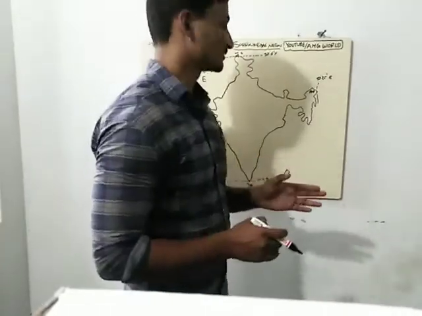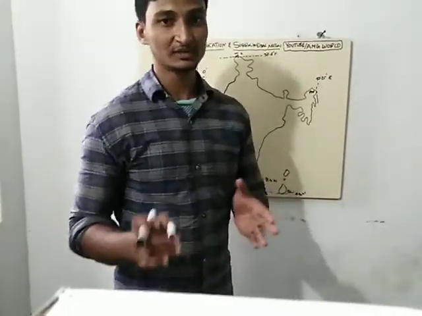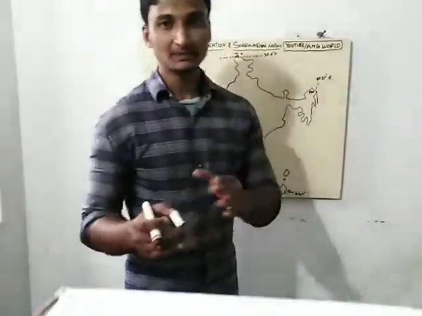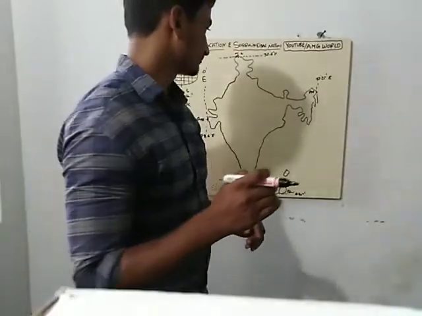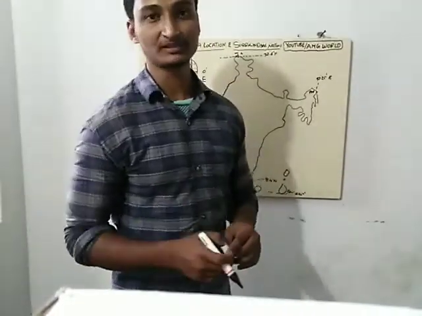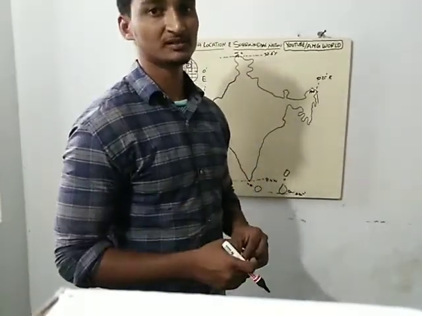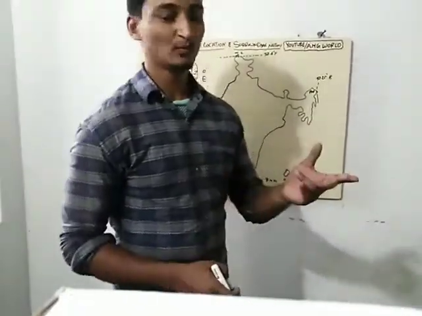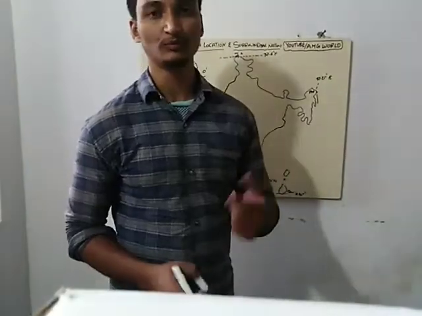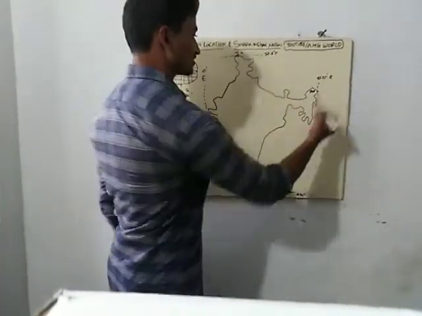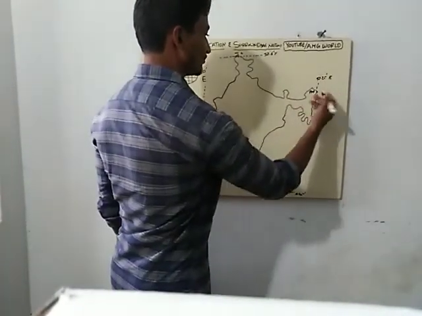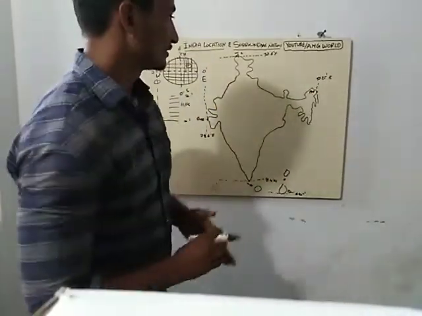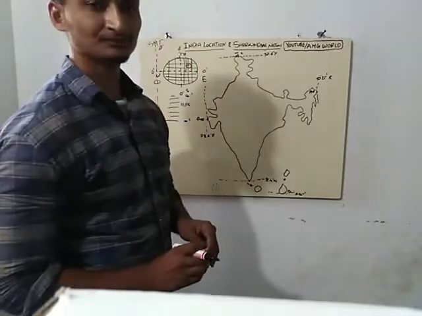It's a natural path created by nature for transportation. The pass name is Dipu Pass, Dilpu Pass, or Kibithu Pass. We can call it by these three names. So the eastern extreme point falls in Arunachal Pradesh. This is about the extreme points of India.